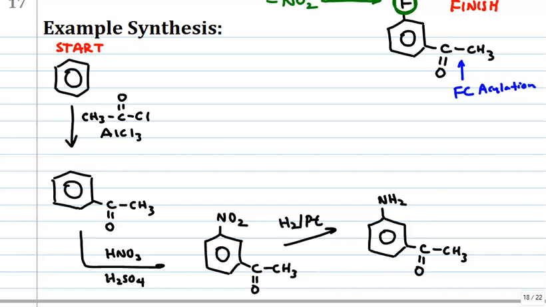Okay. So, what's next? We've got the aniline derivative that we've made. What we know is if you treat this with NaNO2 with HCl, this makes our diazonium salt.